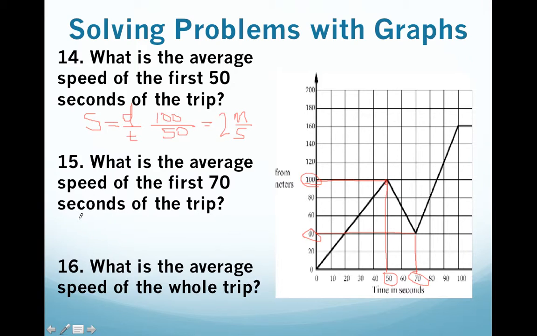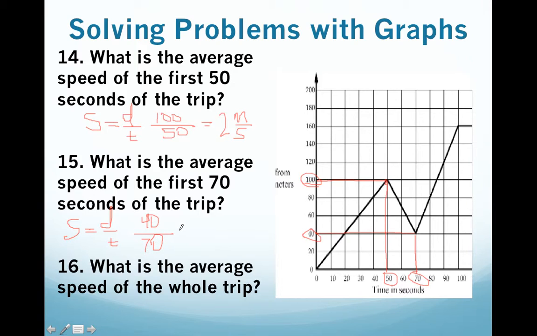And so on there, again, speed is equal to distance divided by time. I traveled 40 meters in 70 seconds.